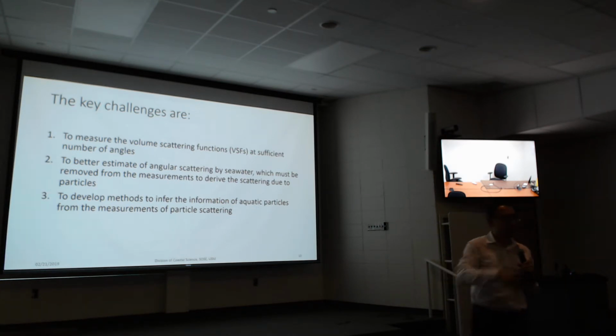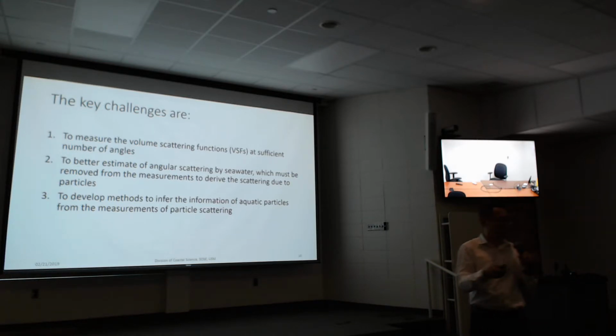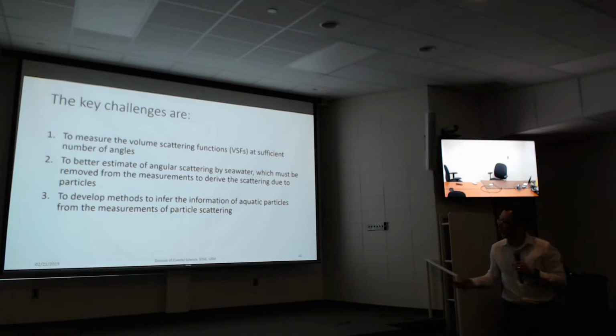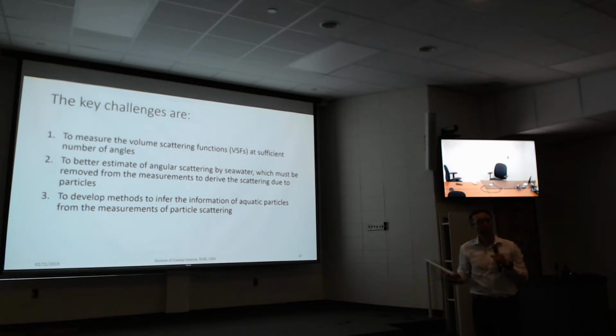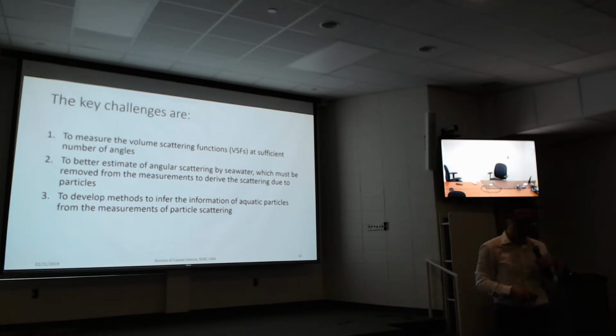If you look at this scattered light, it is possible to figure out the type of particles that scatter it. So what are the challenges? Why don't people do this? Number one, we have to measure this scattered light at many, many angles, and this number has to be accurate.